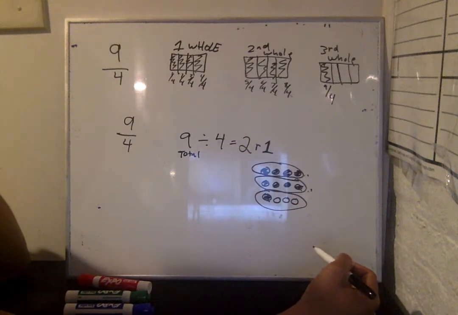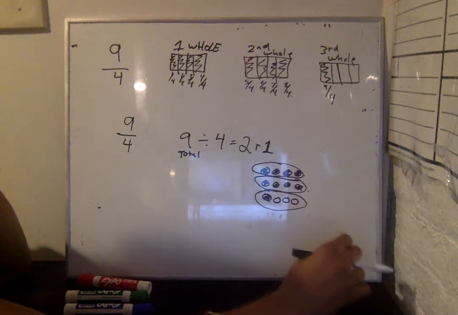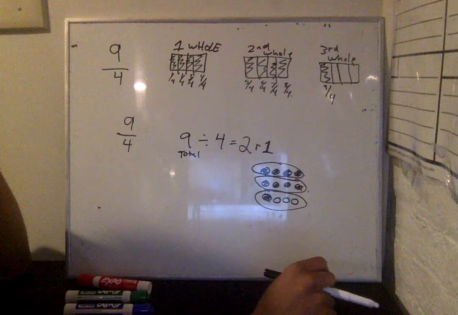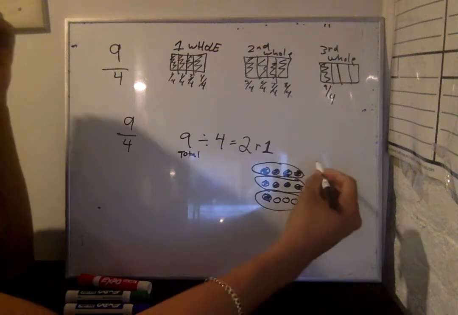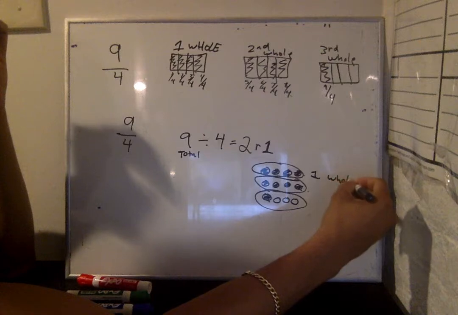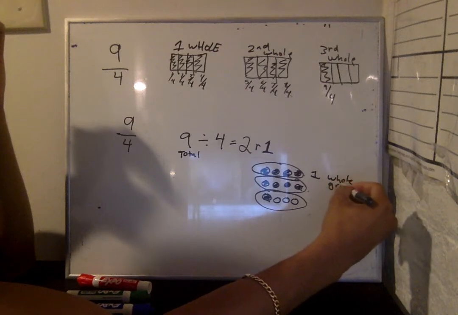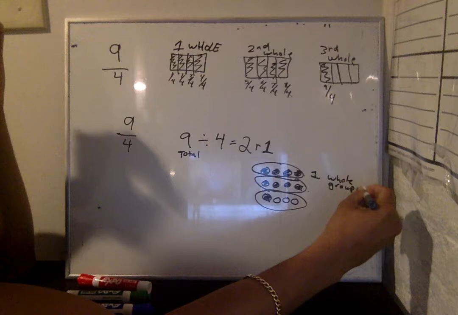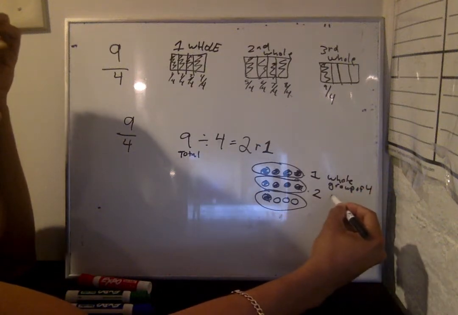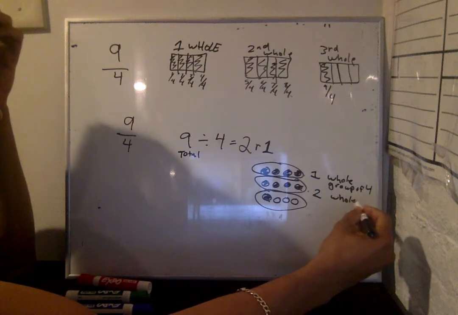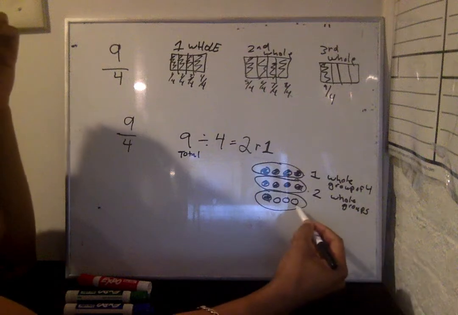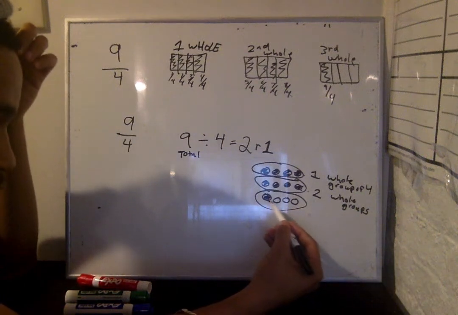Now, if I was looking at this like a fraction, an improper fraction, watch how I look at this. I have one whole group of 4. I have 2 whole groups. And then I don't have a full group.